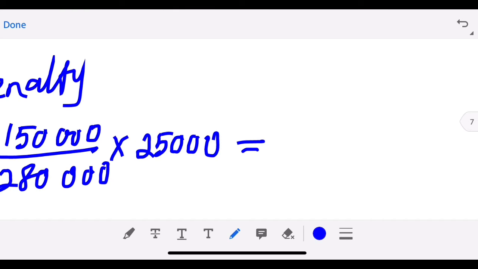150,000 over 280,000. Okay, be careful when you do times with the losses. We will get the answer 13,392.86.